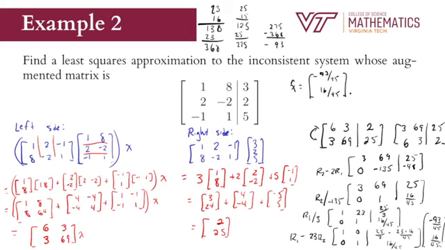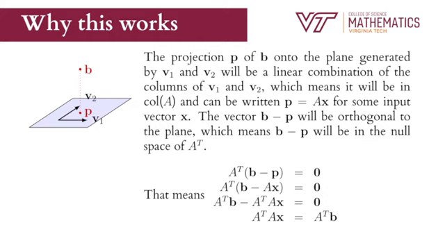All right. Let's move on. So why does this work? So I have some columns here where we're looking at AX equals B. And let's say these are columns V1 and V2. And over here is B. And B is not a linear combination of V1 and V2.